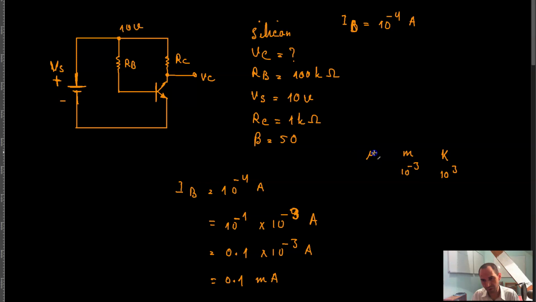Then micro, which is 10 raised to the power negative 6. Then 10 raised to the power negative 9, which is nano, and then 10 raised to the power negative 12, which is pico, and so on and so forth. So you have to jump back as your numbers get smaller and smaller.